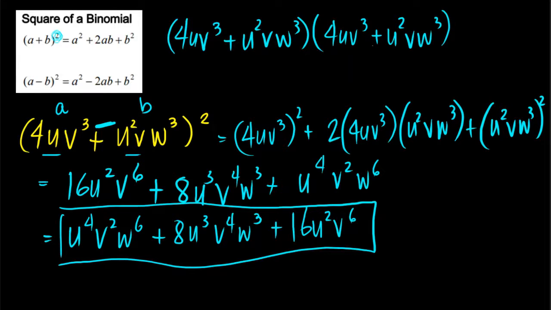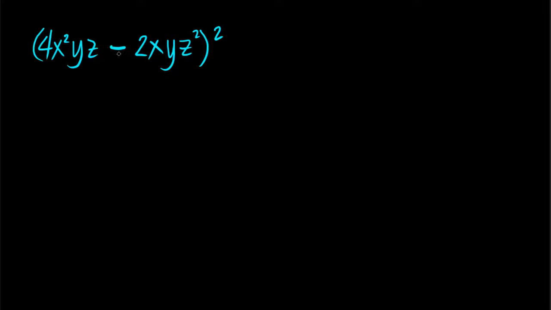Okay. Another one. What if 4x squared yz minus 2xyz squared, all squared? In this case, it's minus.